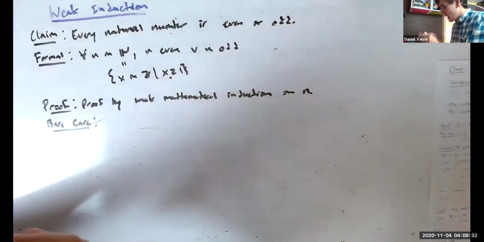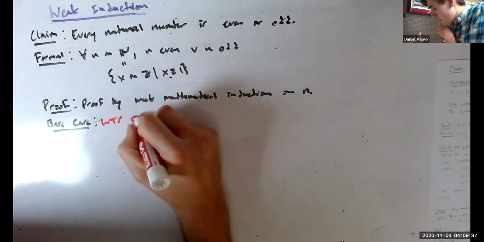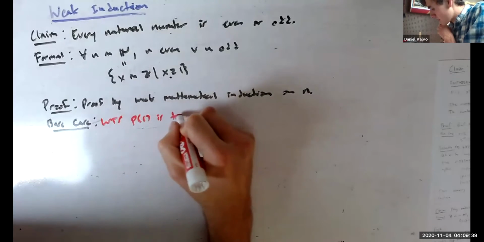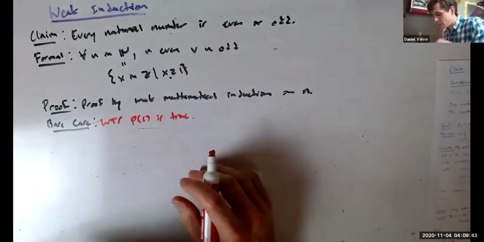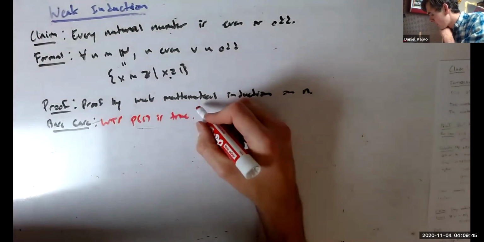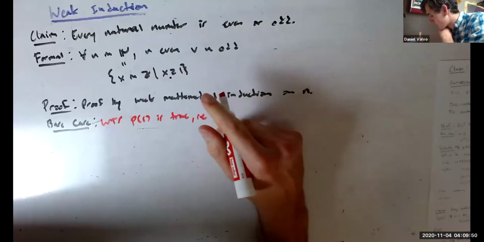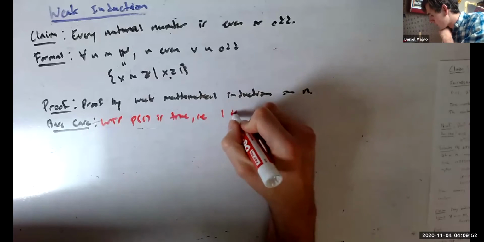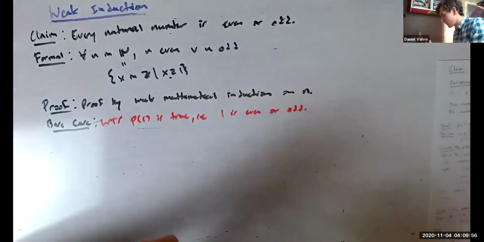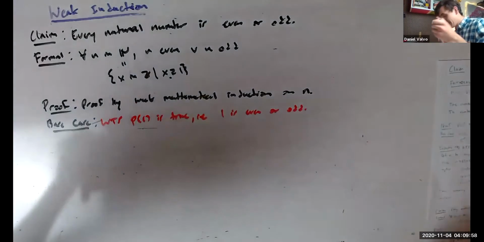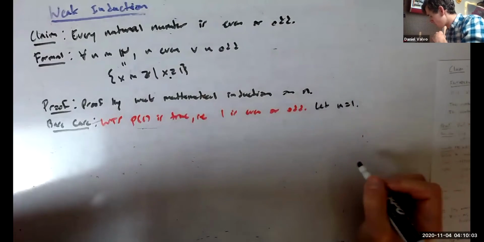And remember here in our base case, what we want to do is show that P of 1 is true, because we're trying to show it's true for everything bigger than or equal to 1. So you want to start at the bottom and show P of 1 is true. In this case, we want to show that 1 is even or odd. Real simple. Let n equal 1.